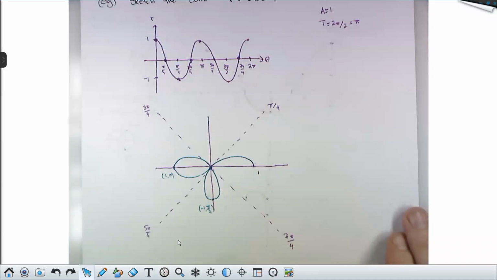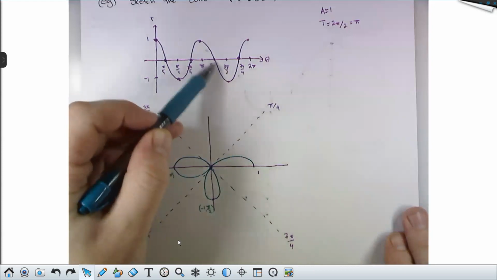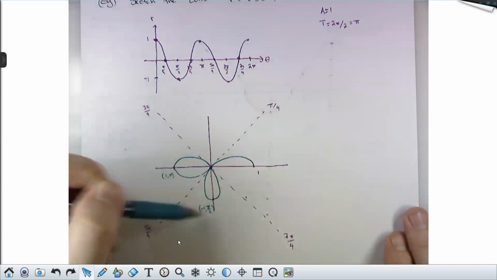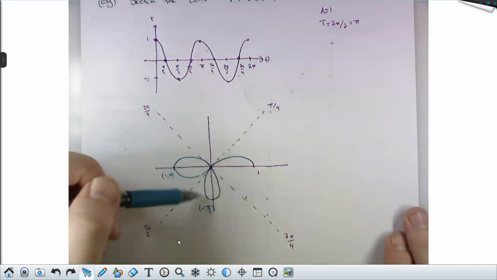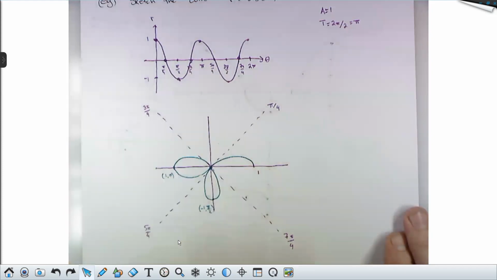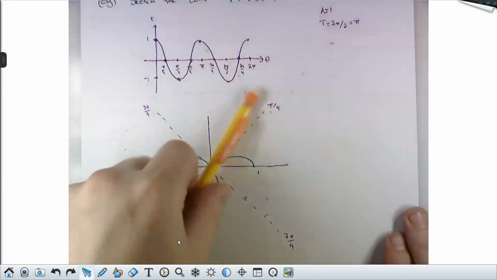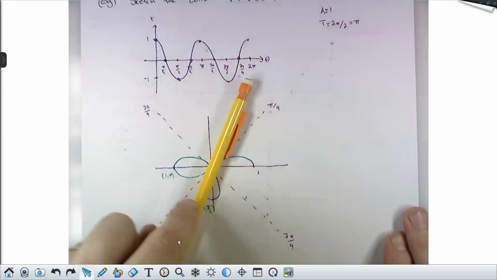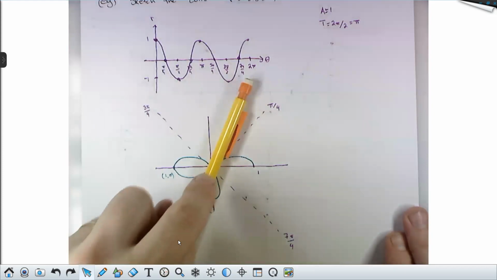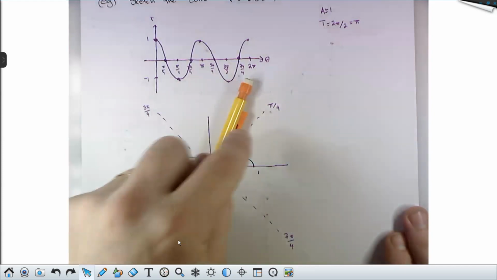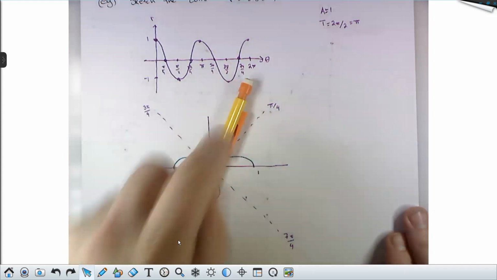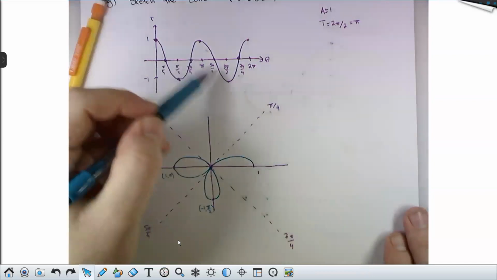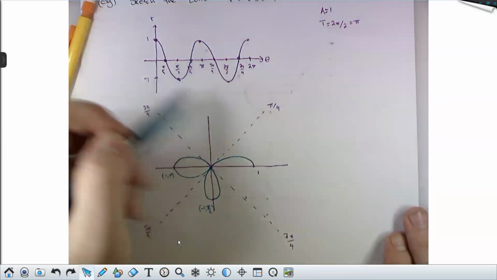From 5 pi over 4 to 3 pi over 2, r is negative. Normally, if r were positive, I would be drawing down here. But because r is negative, I'll be drawing in the reflected region over here. Again, you can kind of think of it like this. So as I come just past 5 pi over 4, normally I would be drawing over here. But because r is negative, I'll be drawing over here. And what's going on? Well, the same thing. r is running from 0 out to 1.